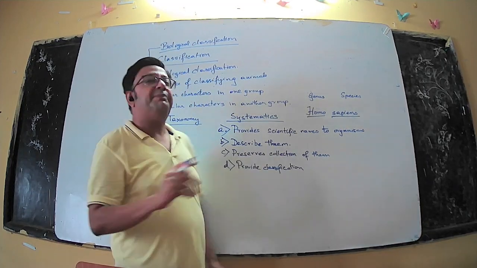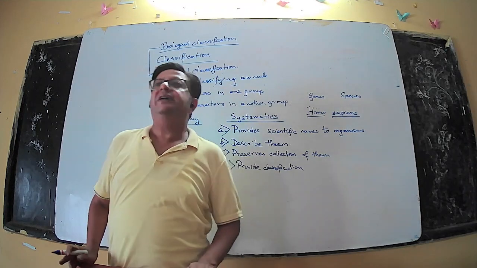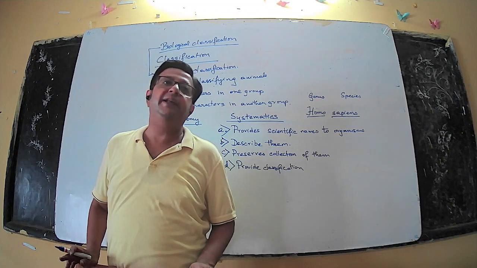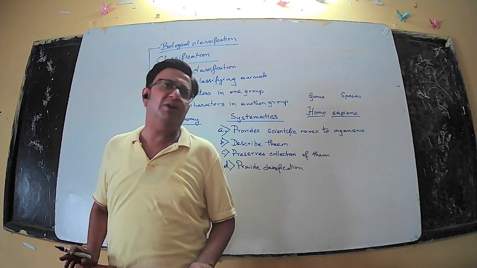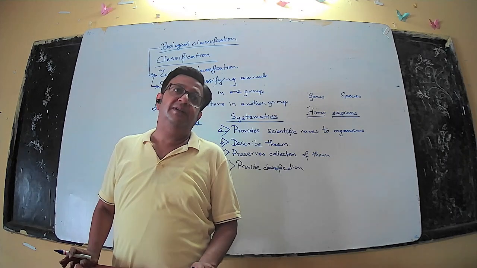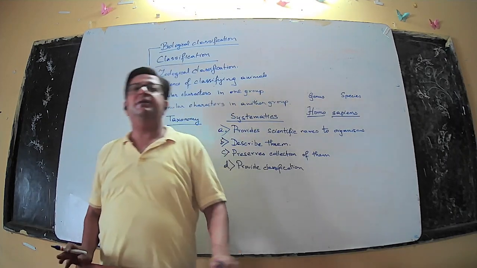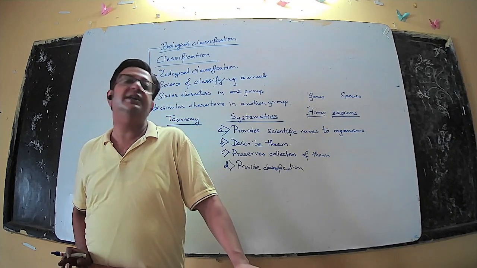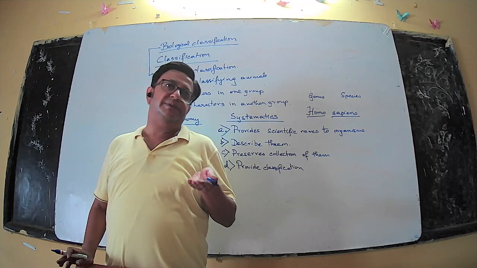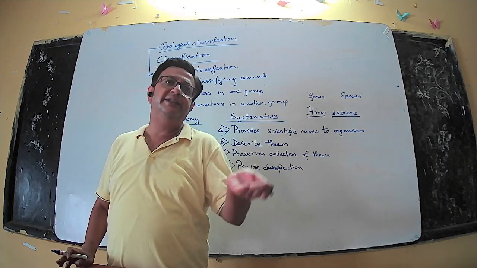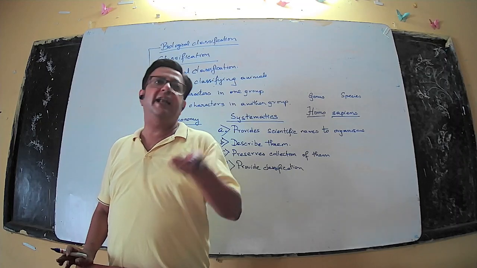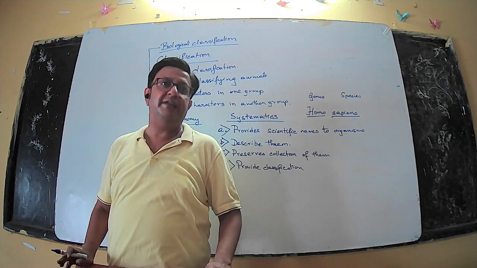So the first step of classification: all organisms which have got mammary glands, hair over the bodies, and all these characters, they are class Mammalia. Then among the mammals, you have prototherians, metatherians, and therians or eutherians. Those who give direct live birth, like babies.